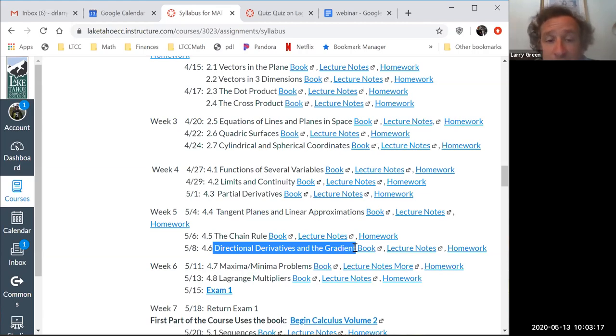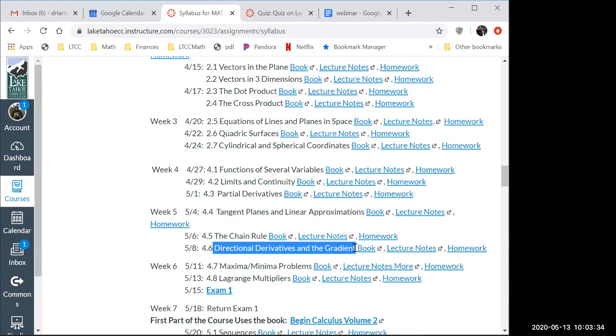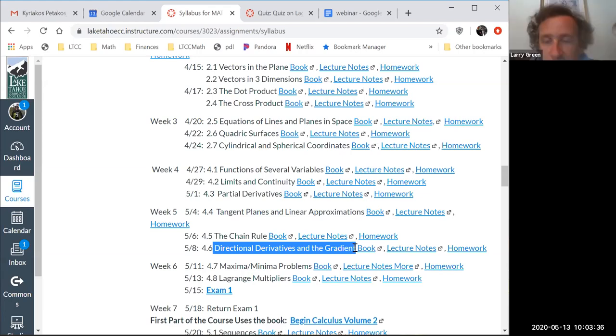On the other hand, if you're in the direction of the level curve, what is the directional derivative? Perpendicular, right? I'm looking for a number. Directional derivatives are numbers.